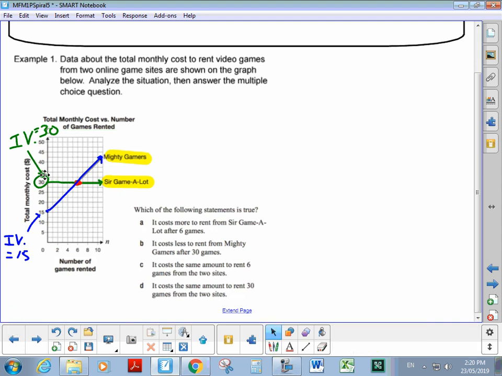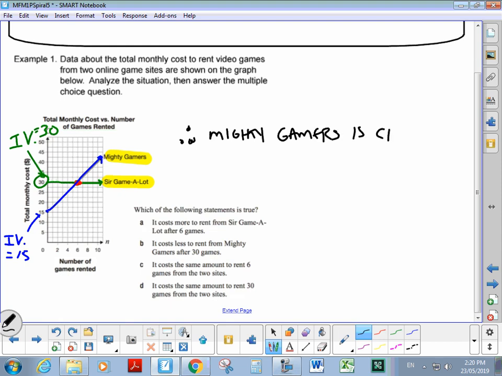So over to the side here, therefore, Mighty Gamers is cheaper at the start. In brackets, $15 versus $30.